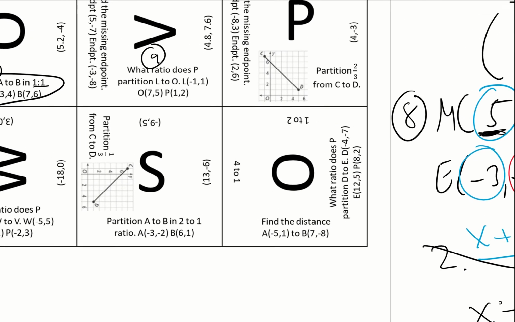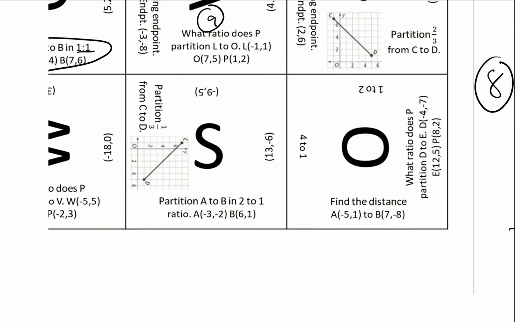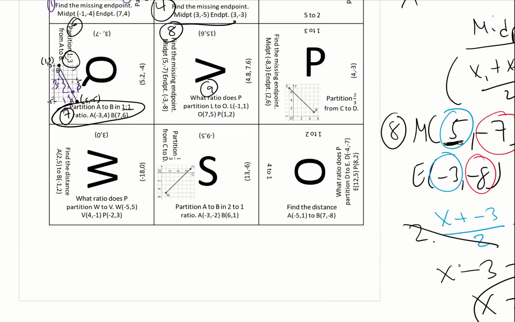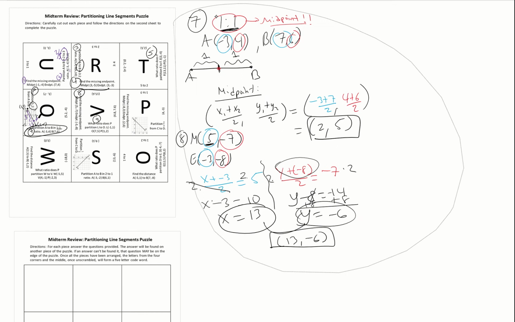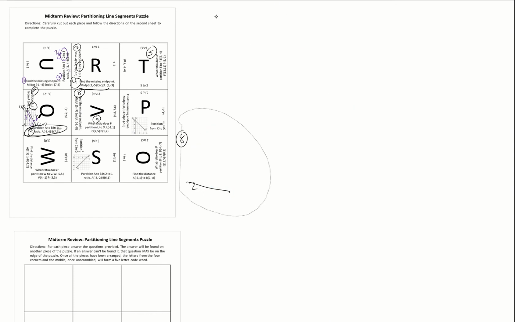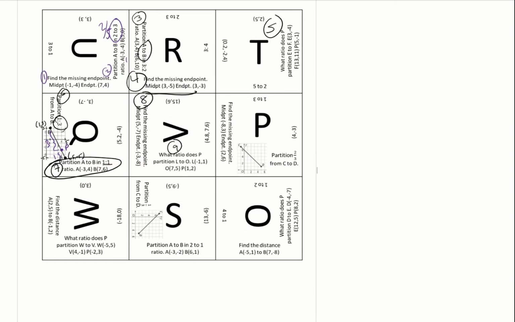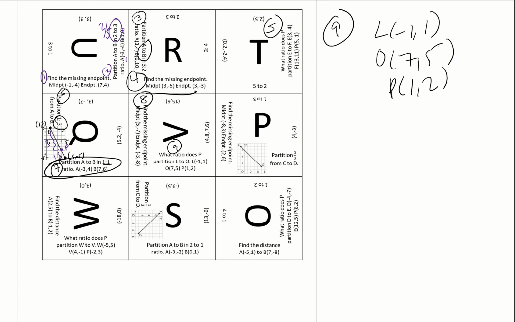All right, number 9. What ratio does P partition L to O? Okay, so we have L's negative 1, 1, O is 7, 5, P is 1, 2.